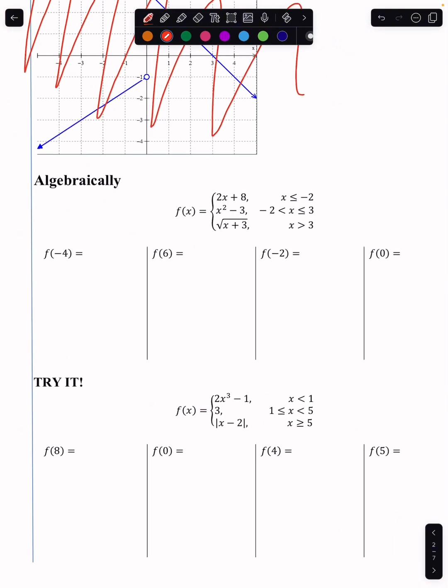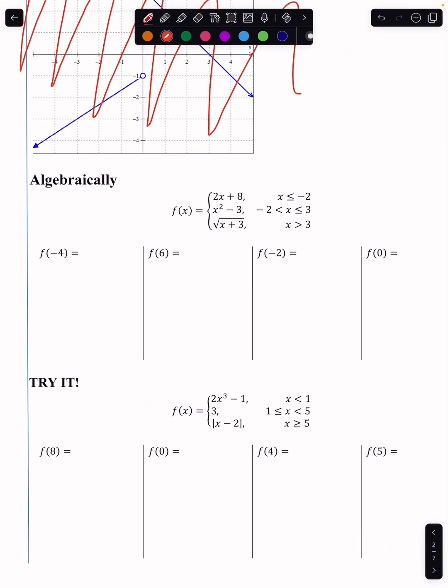All right, so we got three different sections, and you got to figure out which equation each number falls into, okay? So if I were to draw a number line, I got to put -2 on there, and I got to put +3 on there, okay? Now, if the number is less than -2, that's this part.